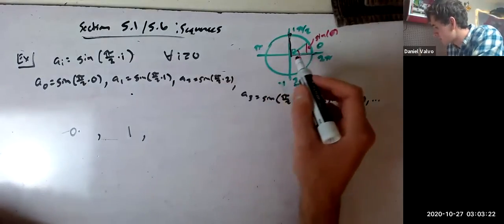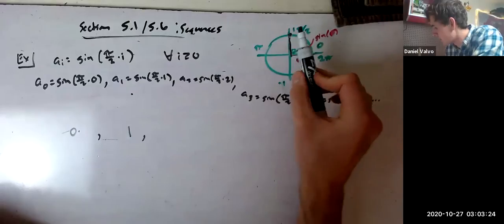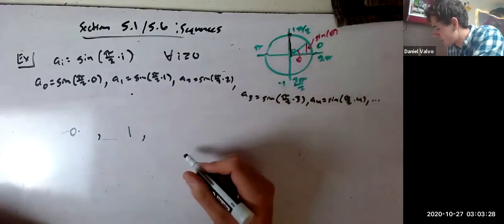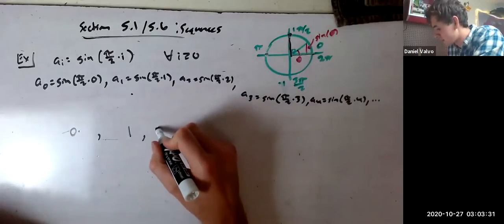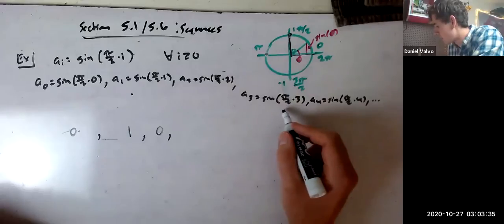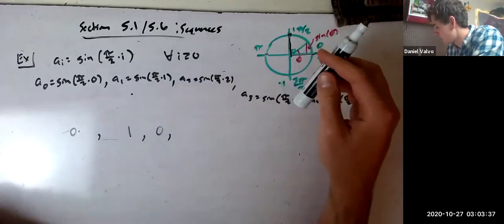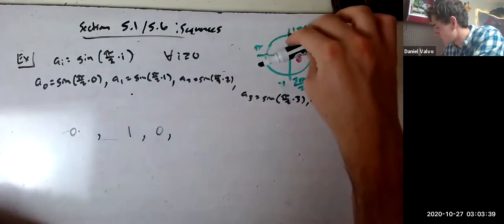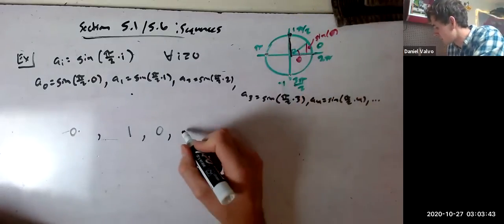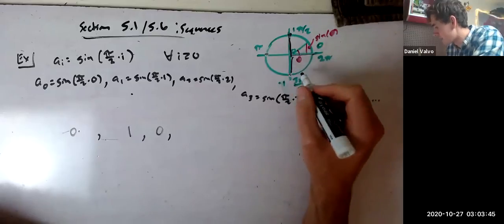Sine of pi over 2 times 2, that brings you down here. The thing keeps going down to pi. And the sine of pi is 0. Sine of pi over 2 times 3, that's going to be sine of 3 pi over 2, so it goes all the way down to here. We add another pi over 2 to it, and then how far is that from the x-axis?